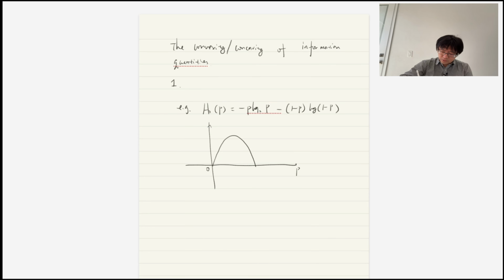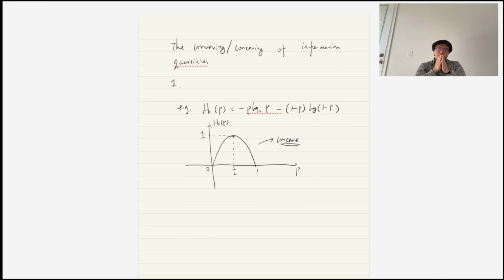The highest point is at one half, and the value of this point is 1. Clearly, the shape is the opposite of convex, so this is a concave function. The binary entropy function is a concave function in p.